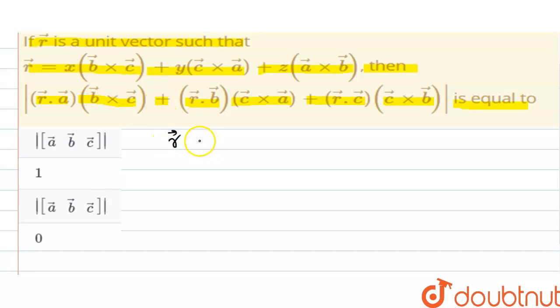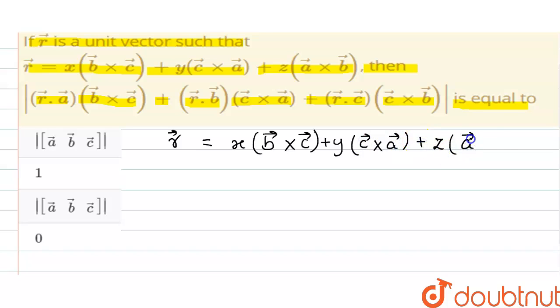R is a unit vector, that is x V vector multiplied by C vector plus y C vector multiplied by A vector plus Z A vector multiplied by B vector. Then the second term, if this is the given, then this term is equal to what? So we have to find the answer.